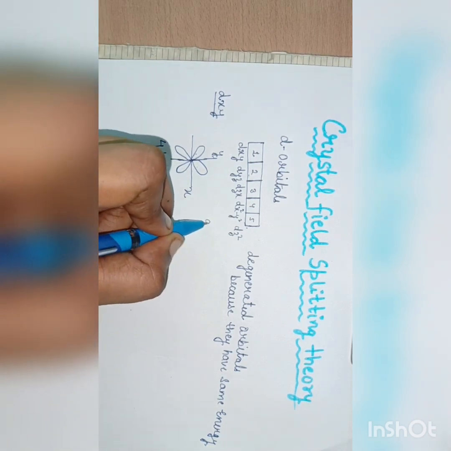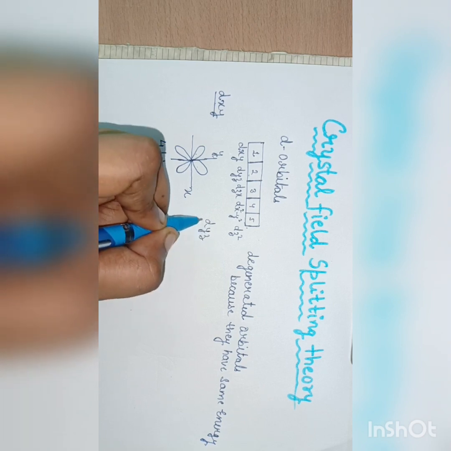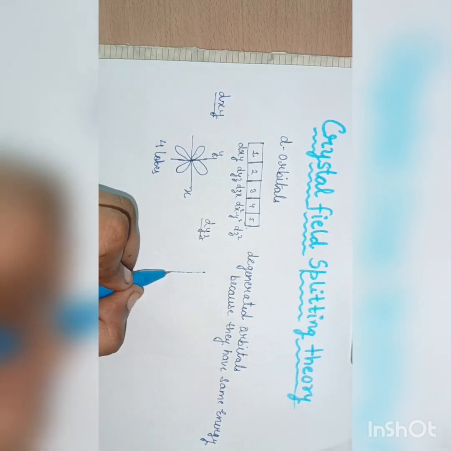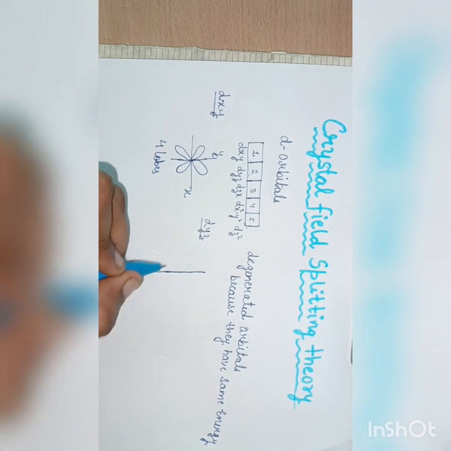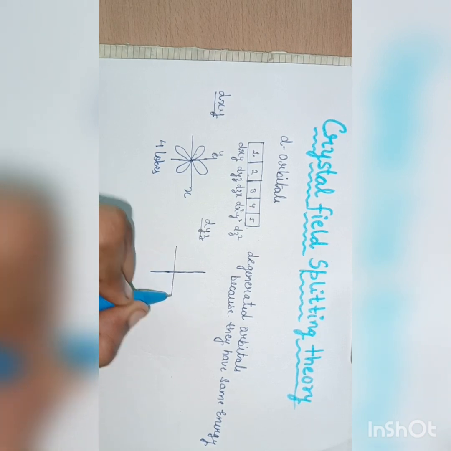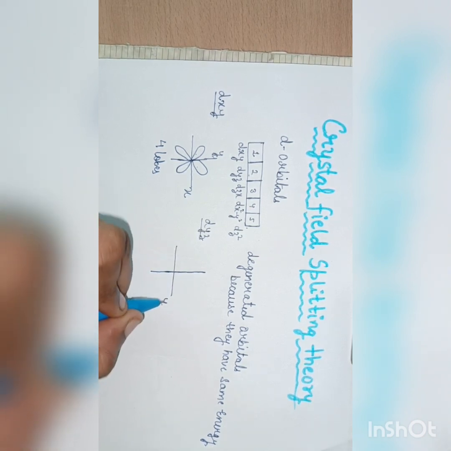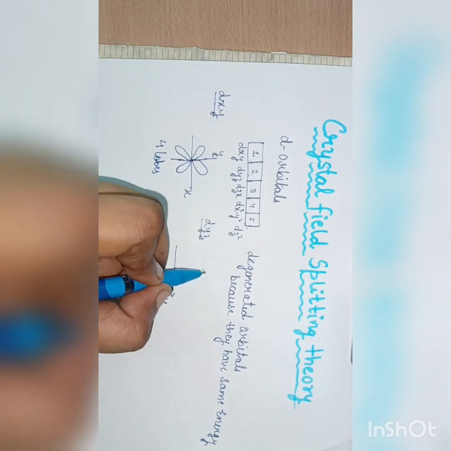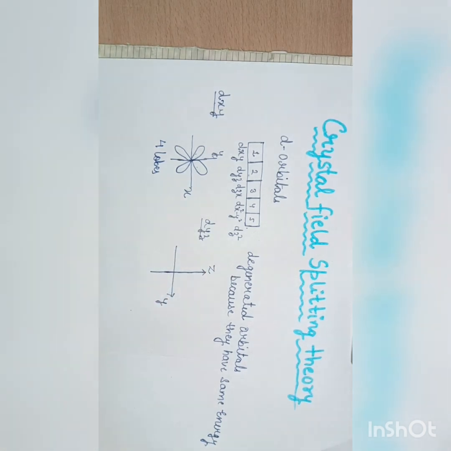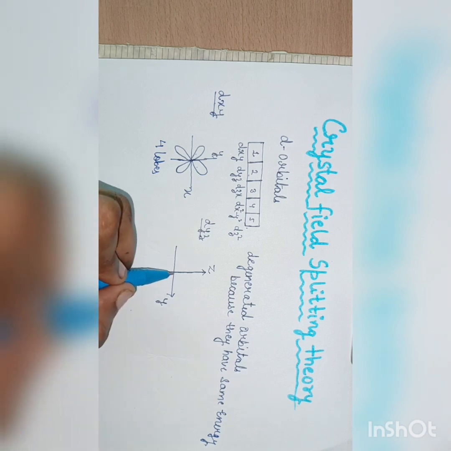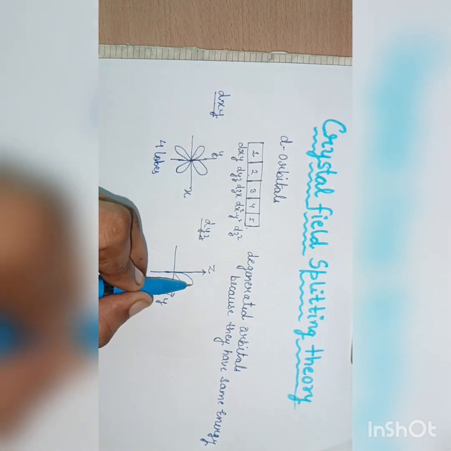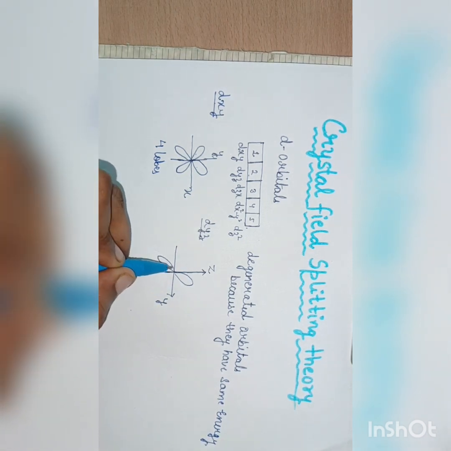Similarly, we can draw for dyz. Here we have the y-axis. This is the z-axis. So, the lobes are present here in between the axes.